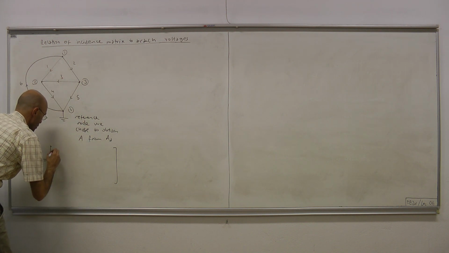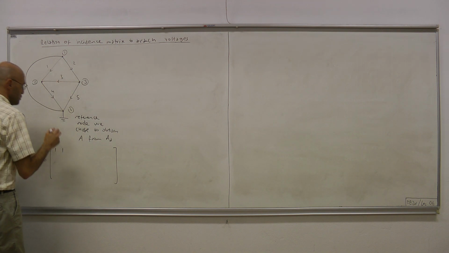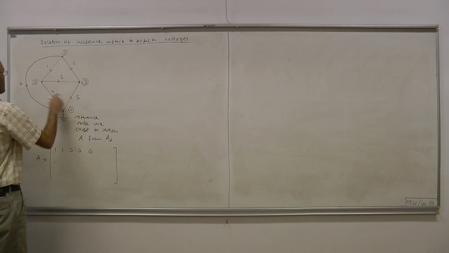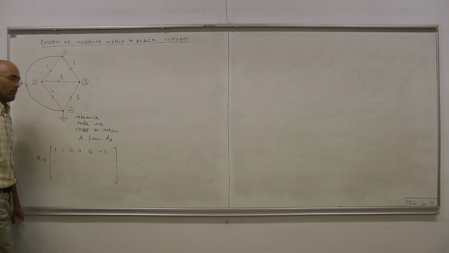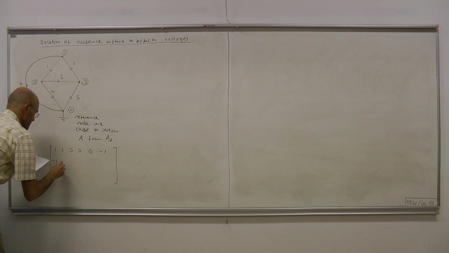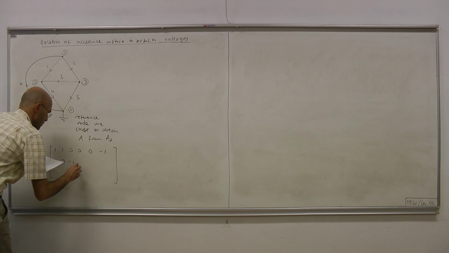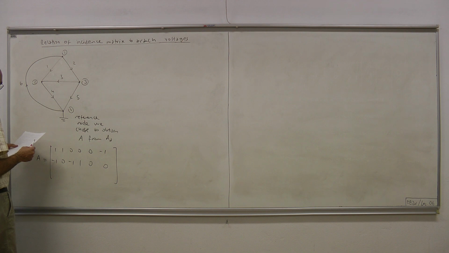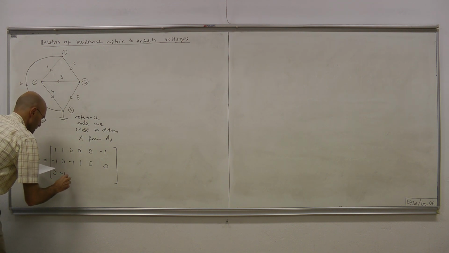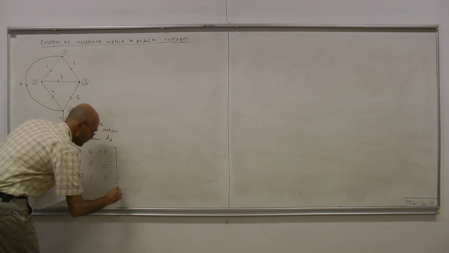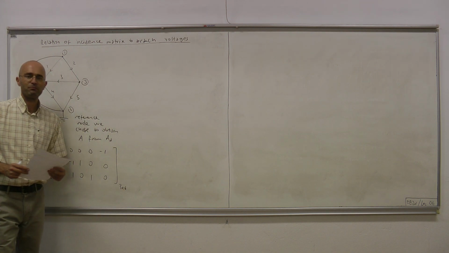So we have 1, 1 for branches 1 and 2, 0, 0, 0 for 3, 4, and 5, and finally for 6 we have -1. Likewise, -1, 0, -1, 1, 0, 0 for the second row, and finally for the third row we have 0, -1, 1, 0, 1, 0. This is a 3 by 6 matrix.